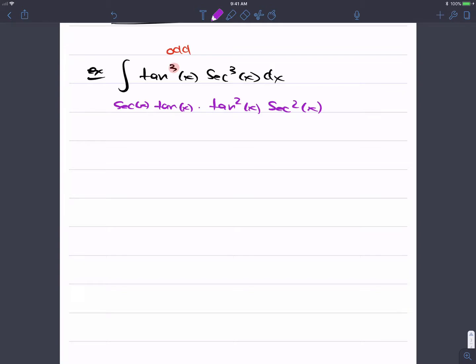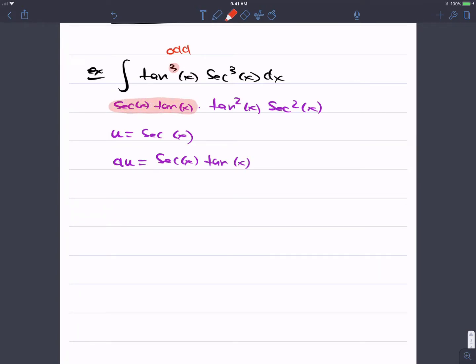Okay, so remember, in this process, u is secant, which means du is secant tangent. Let's write this a little clearer. So that's why we save this factor of secant tangent.